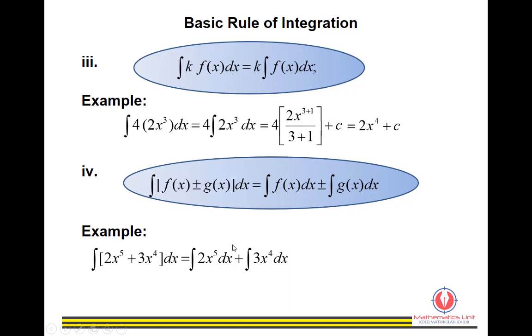So we can integrate 2x to the power of 5 and 3x to the power of 4 separately. So we get 2x to the power of 5 plus 1 over 5 plus 1 plus 3x to the power of 4 plus 1 over 4 plus 1 plus c. And we simplify, we get x to the power of 6 over 3 plus 3x to the power of 5 over 5 plus c.